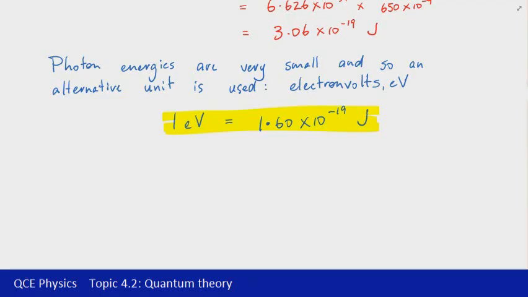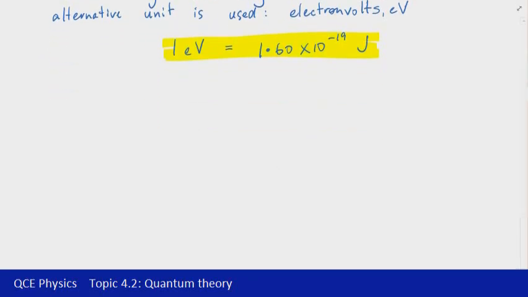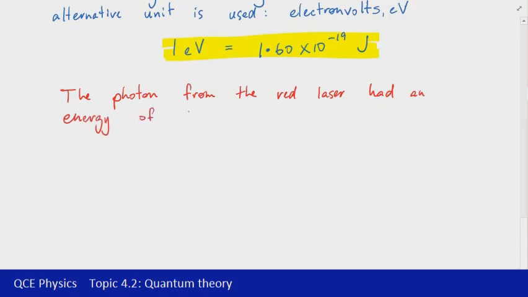That then means that from the previous example, the photon energy from the red laser had an energy of 3.06 × 10^-19 joules.